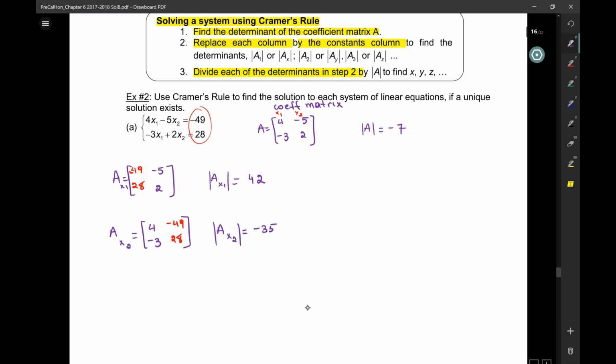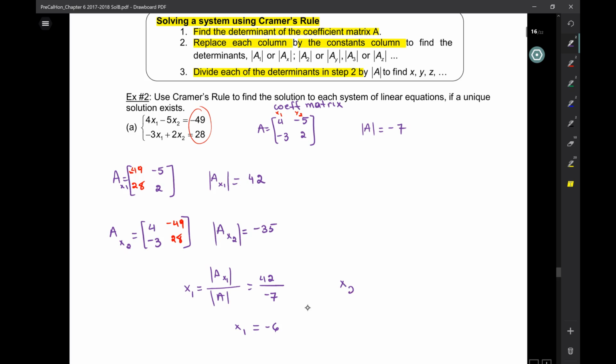Now comes the part about finding the actual variables. So x1 is going to be the determinant of AX1 over the determinant of A. So 42 over negative 7. And that's negative 6.